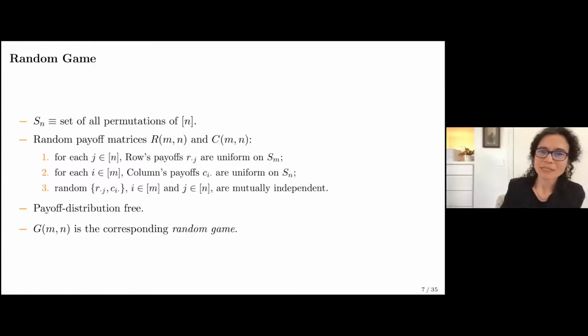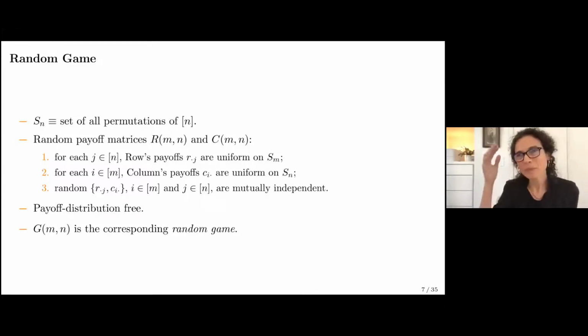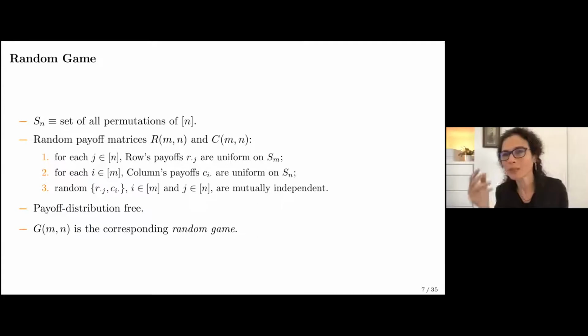All right, now it's important to note, if you want to keep an example in mind, you could think about just determining each entry of the game matrix uniformly from 0, 1, or normally, or whichever distribution you want. You could even use different distributions for different rows of column, for example. In that sense, this way of writing it is payoff distribution free. But ultimately, what we'll be interested in is this random game, G of M, n, which we'll focus on for most of the talk.